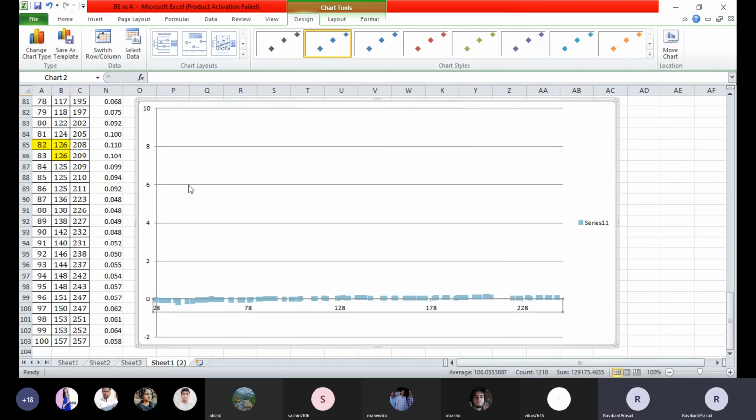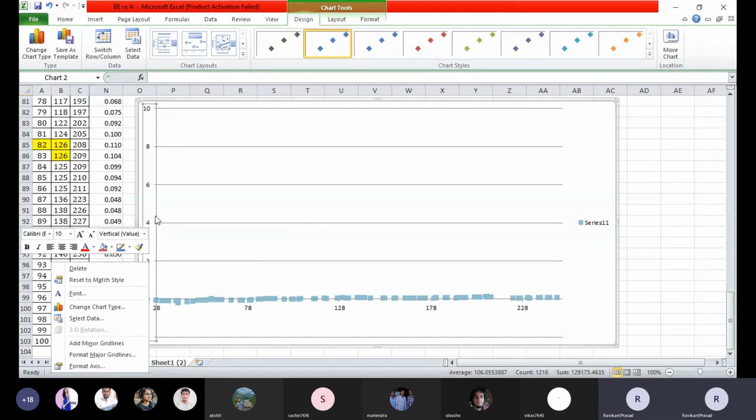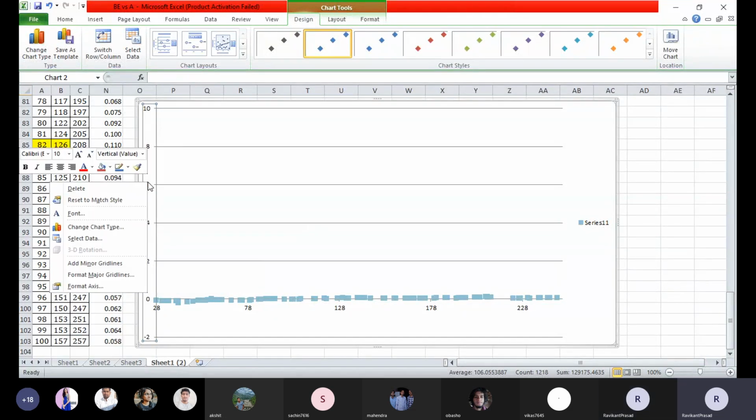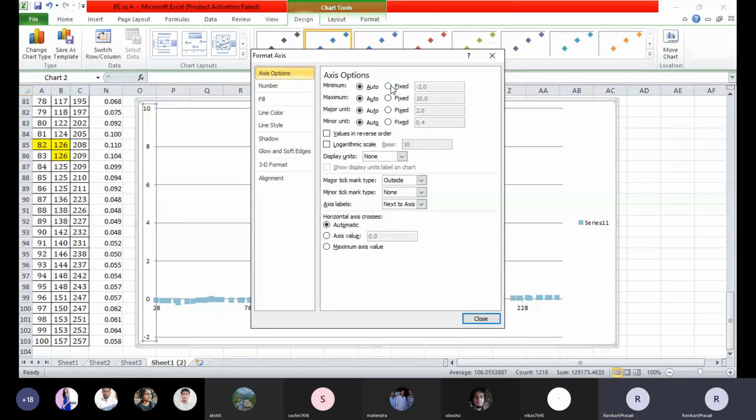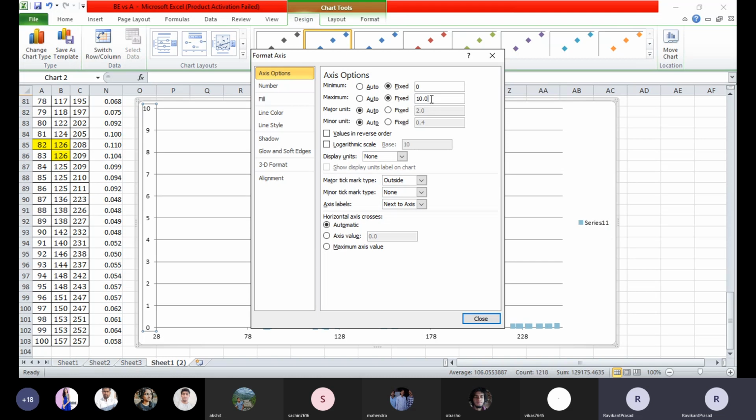Okay, still I don't find anything because these numbers are, I have to format this axis also. So this is starting from -2. I don't want -2. I can put it 0. And this I don't want to go up to 10. What I want to go up to, let me first plot it for 1.